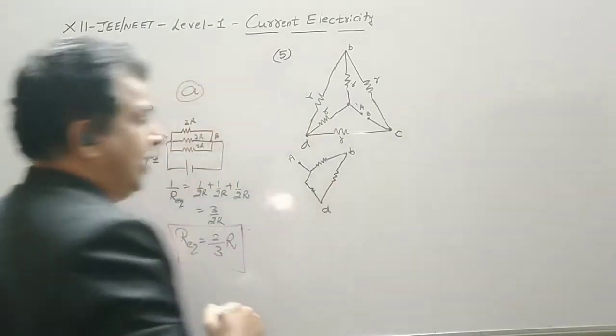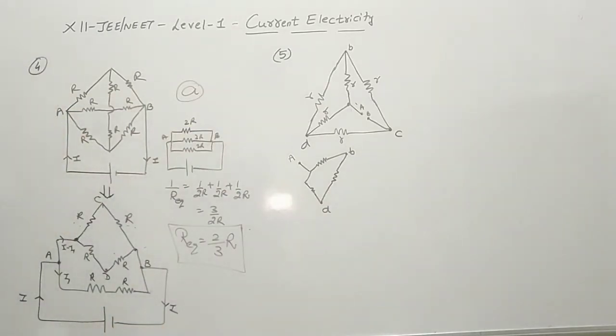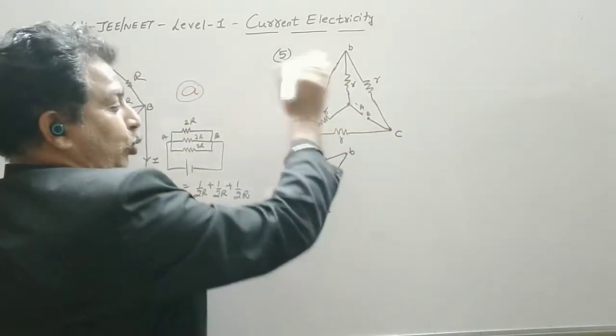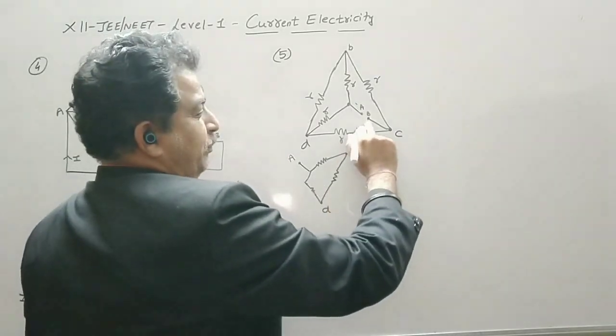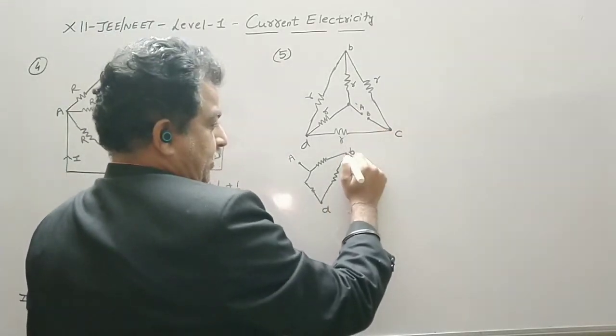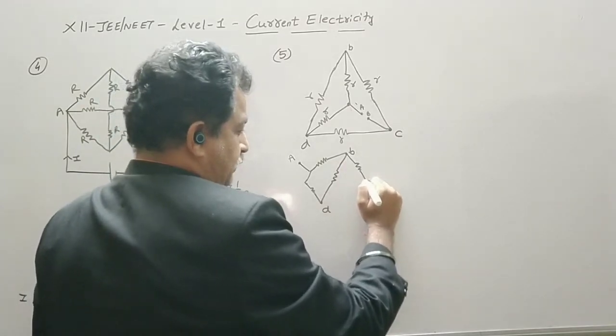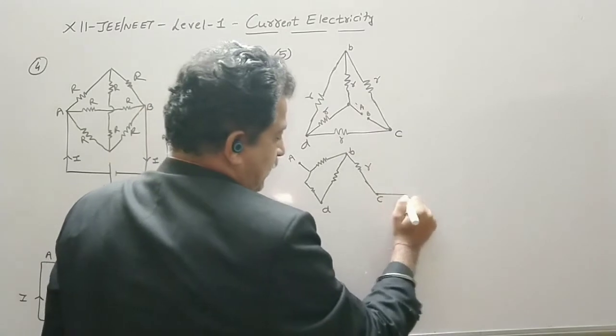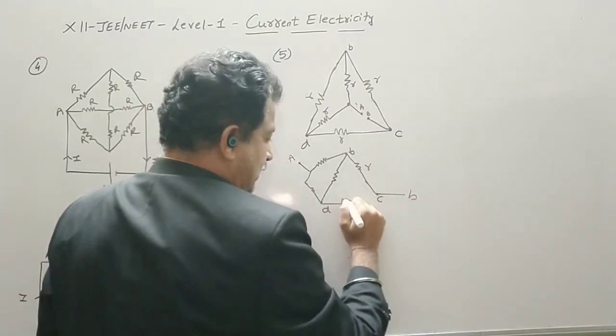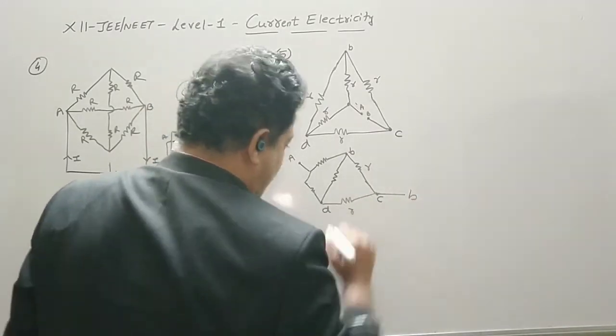The point A is pulled outward. Similarly, if I pull point B outward, the diagram becomes R, this is C, then C is connected with B, and between C and D we again have this R.